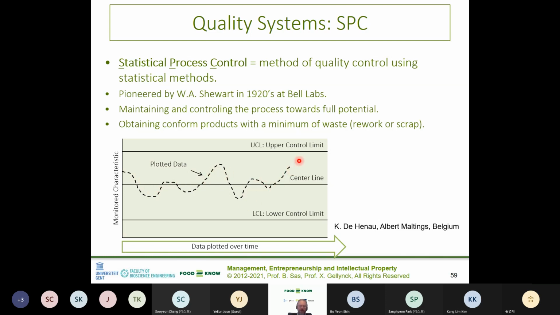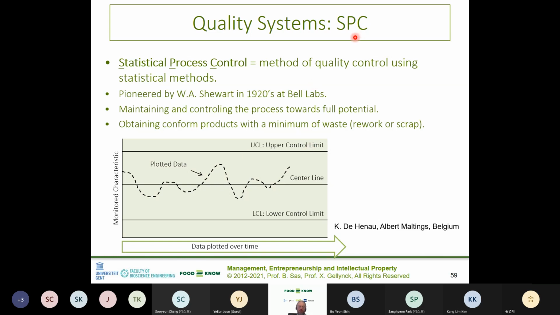But for instance, if it's going here already, it's not yet out of specs, but if it continues like this, you can already take some actions before it gets to this point, and then check what's happening and why this is going up before it actually crosses this line, the upper control limit, and then your product is not according to specs anymore, and it's either waste or it has to be reworked, and both are a very expensive exercise.